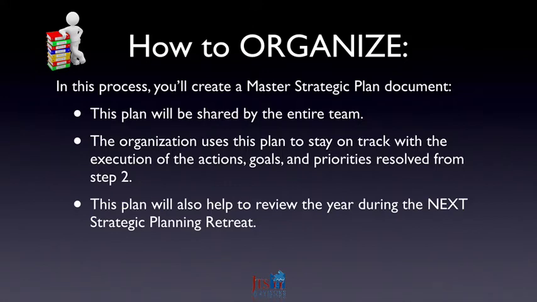So an organization that has this plan, the following year, they can actually use this same plan as a post-mortem document. They can take a look at what happened, what worked, what didn't work, what they got done, and what they didn't get done. And it actually helps to inform on their next capture. Anything that didn't get done in the plan could be dumped into the capture for the following year.